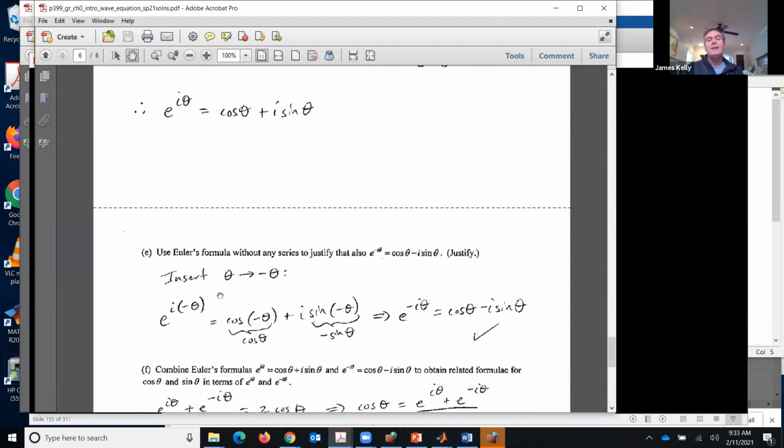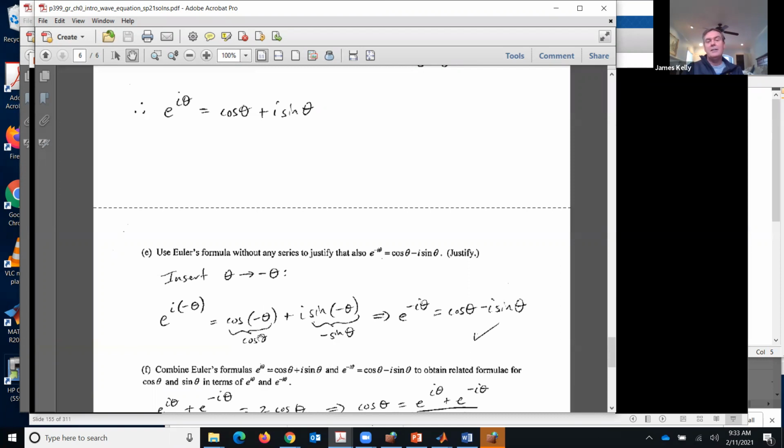So going on, if doing it my way, if I replace theta by minus theta, right? If I've got a function of x equals some other function of x, I can replace x with minus x, just insert a new argument in for x. As long as I replace all the x's that appear, we're good to go. So if I replace theta with minus theta, it comes to the same thing Jake was saying. Then I get cosine of minus theta on the right-hand side.